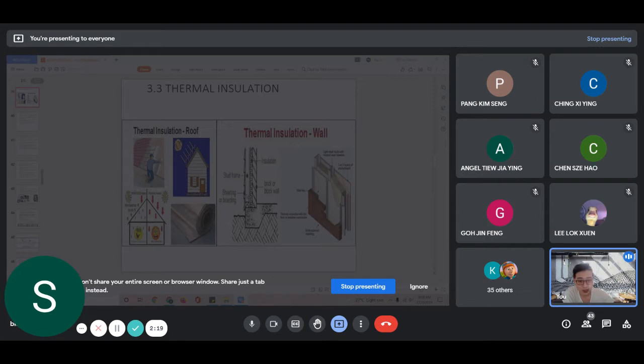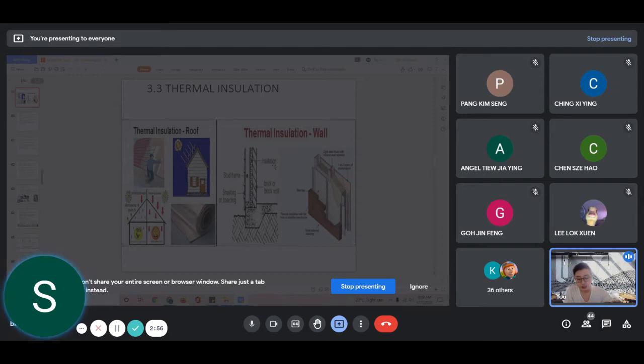So why do they have a lot of layers? This is more towards thermal insulation, because there are four different seasons, so there will be a variety of temperature all over the year. That's why, to ensure that they are able to keep their home warm and also cool during the different seasons, to prevent heat from escaping or going into their house, they have so many types of layers.